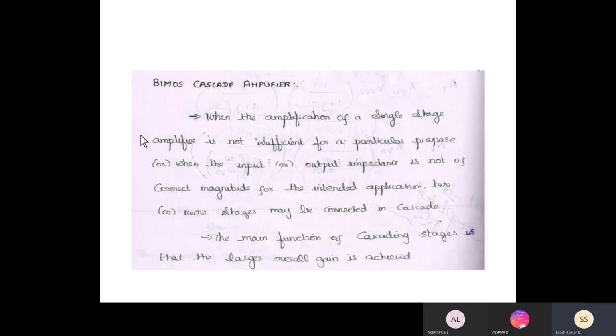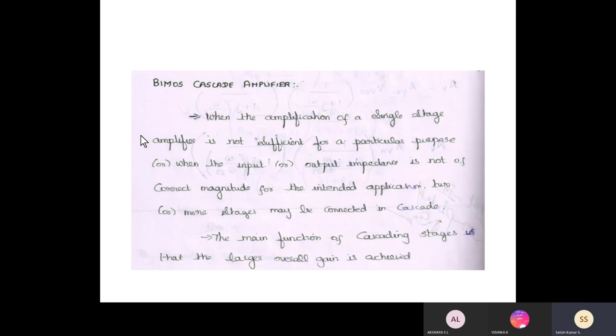Common base has current gain of unity with a negative sign, but its output impedance is very low. Similarly, common collector has high current gain, but voltage gain is unity. So based on the requirement, we select the required configuration. Similarly, for FET amplifiers there are common drain, common source, and common gate amplifiers, and each configuration has different parameters.